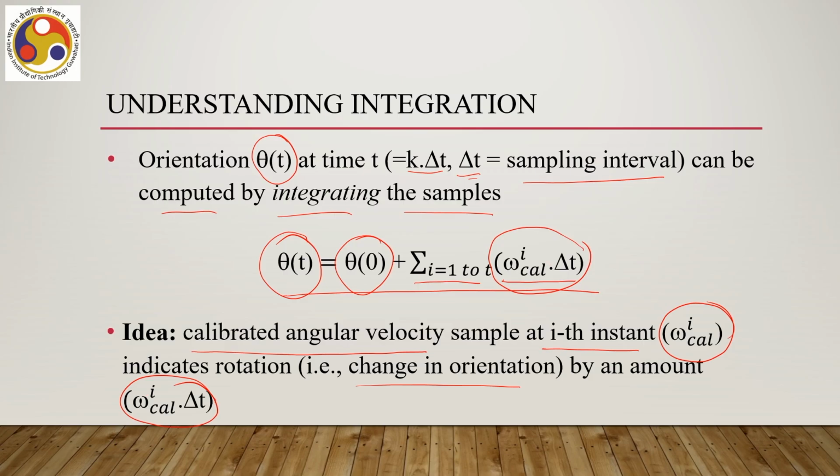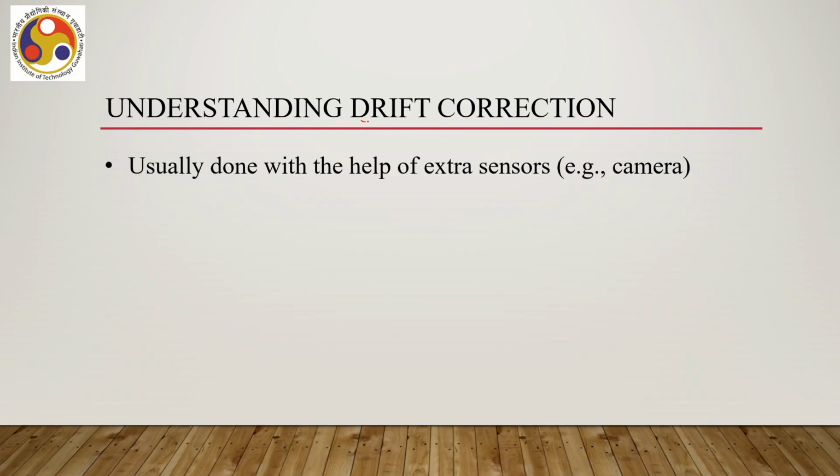And all such changes are summed up from the beginning to that time interval and then added to the initial orientation to get the current orientation at time instance t. That is the idea of integration.